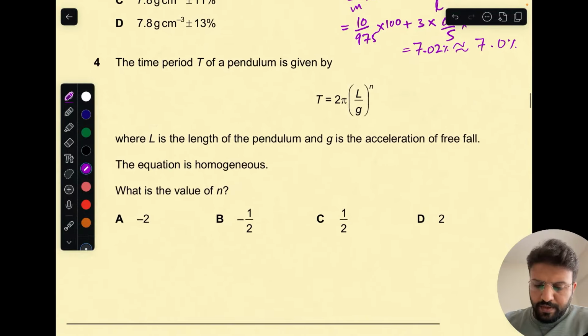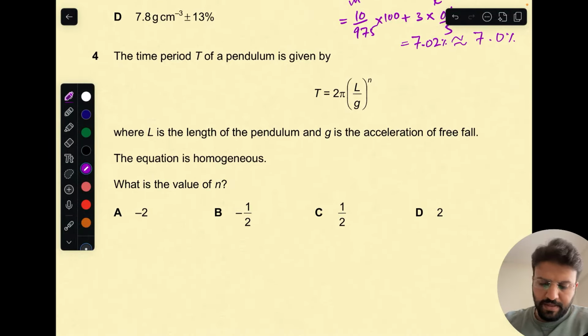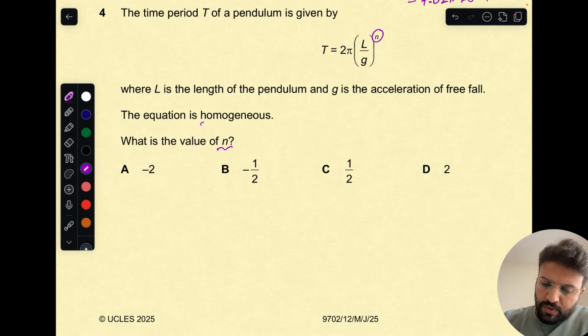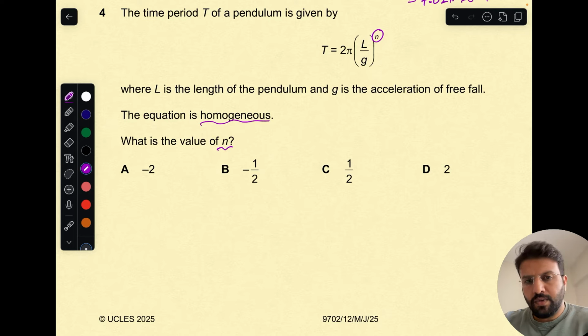In question 4, the time period of a simple pendulum is given. Okay, so you have to find the value of n here. It's a question from the units. The equation is homogeneous, which means the units on the left hand side will be equal to the units on the right hand side.